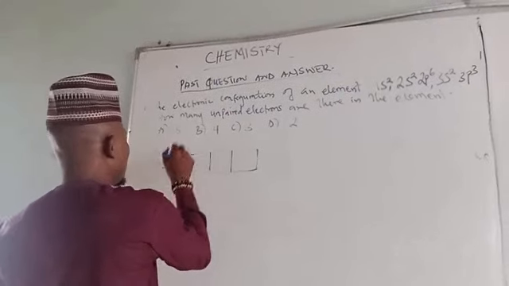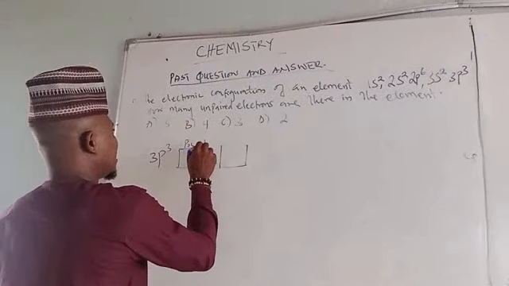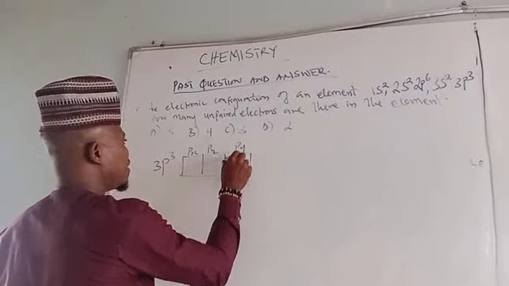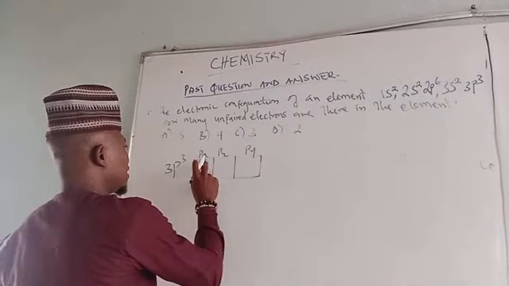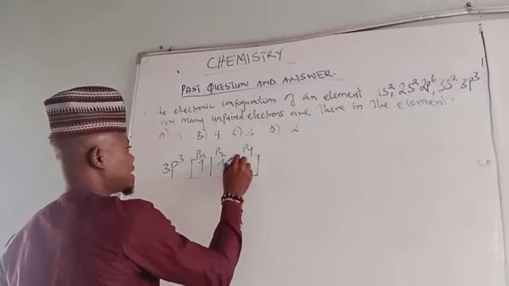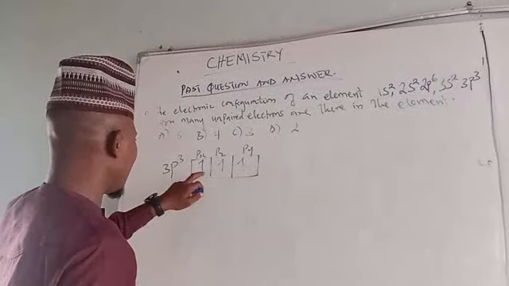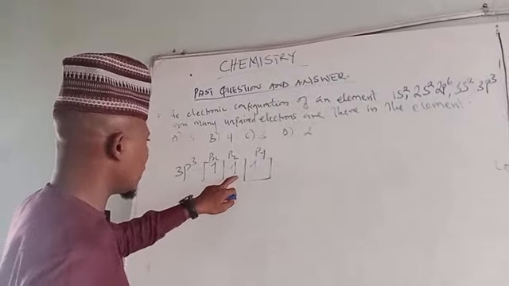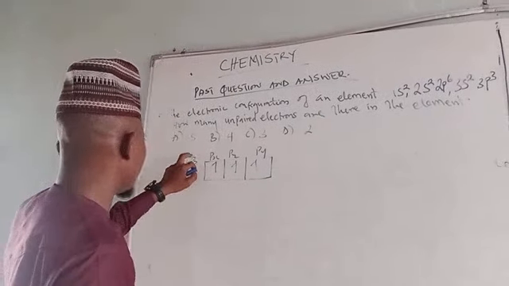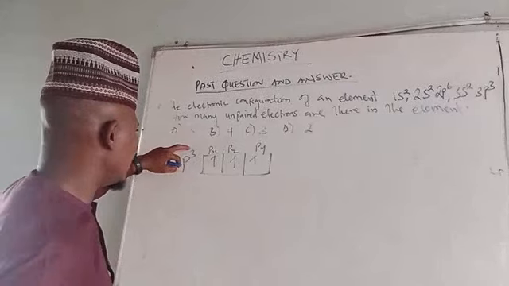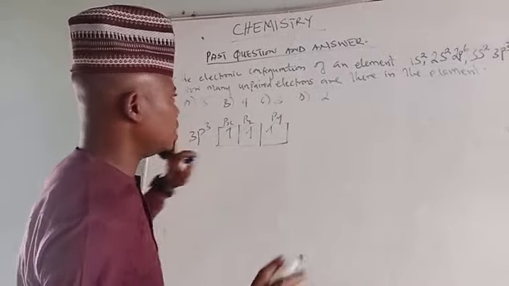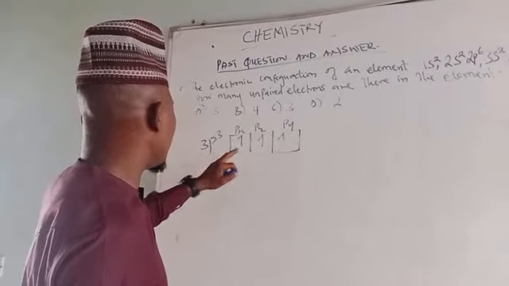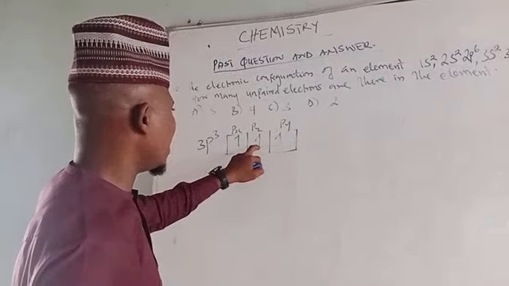Because we have 3p3, we have our px, py and pz. We first fill these p orbitals singly: the first electron, the second electron, and the third electron, and that is the 3p3 sub-level. Now how many unpaired do we have? This one is unpaired, this one is unpaired, this one is unpaired.